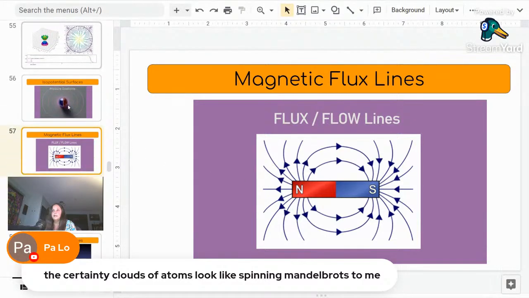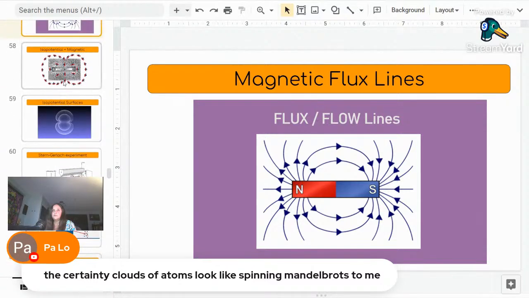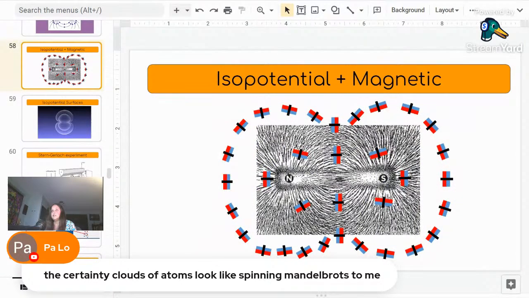But there is another field. Let's look at this here. So here is the magnetic field around a magnet that you can see with the iron filings. But if you look orthogonal to the iron filings, what you see is another field which is called the isopotential field.